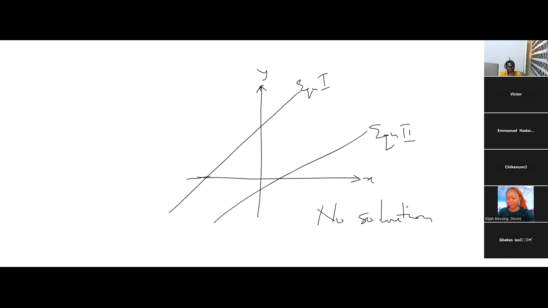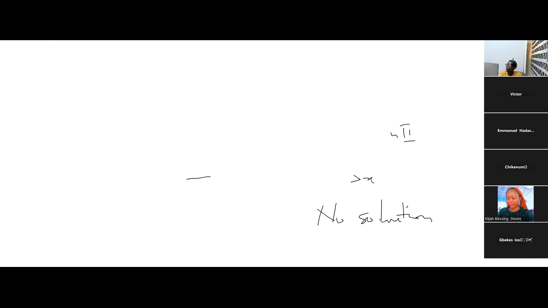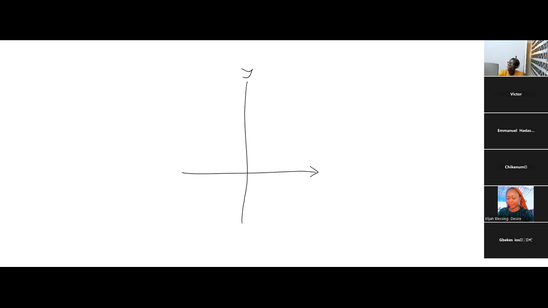There's also a situation where you have infinite solution. Let me give you an example of infinite solution. Let's say we have the x axis and y axis.